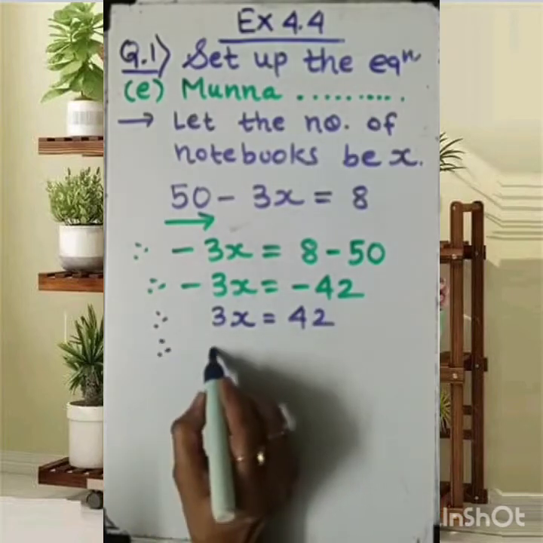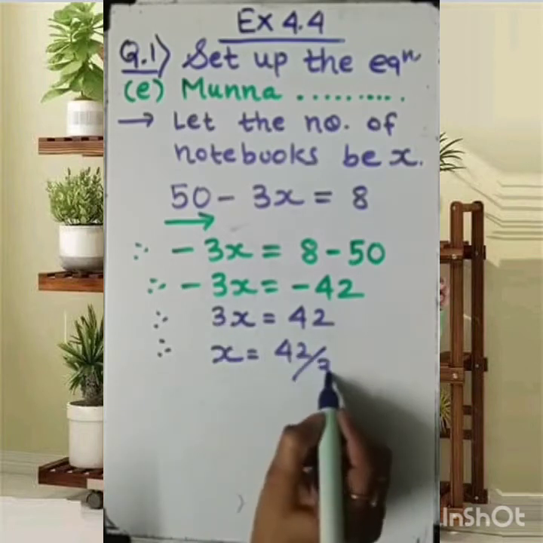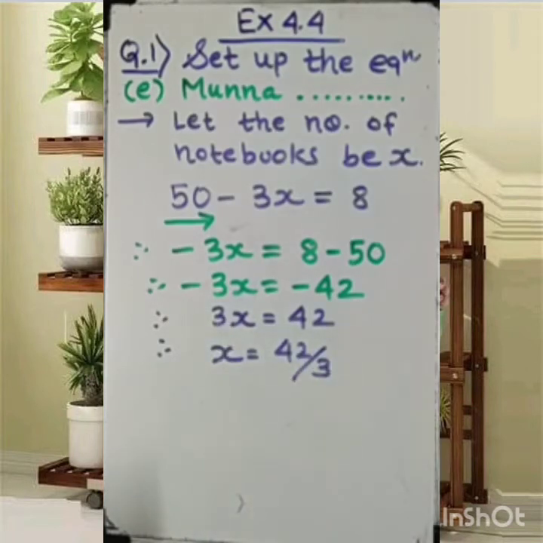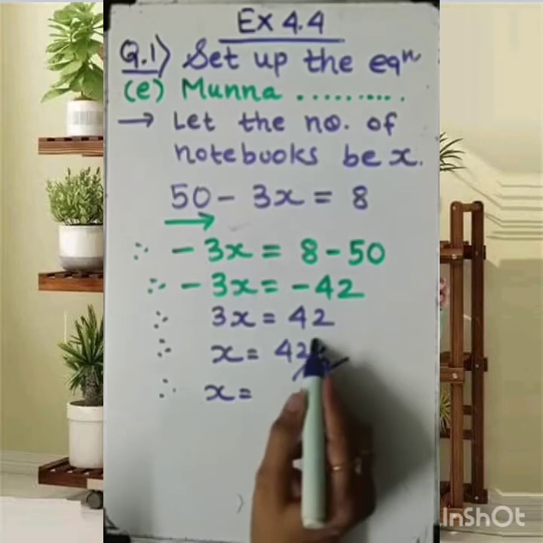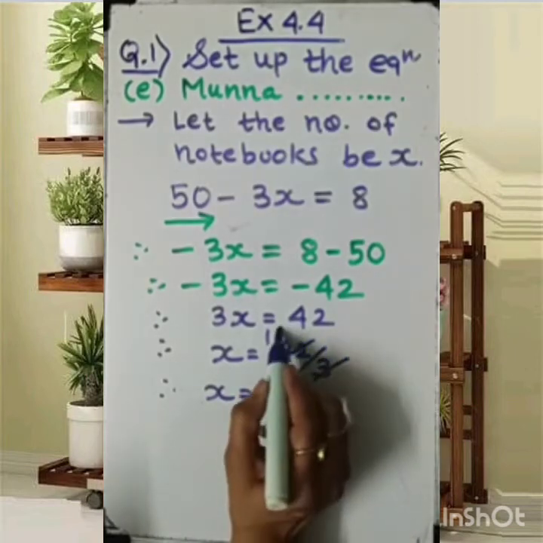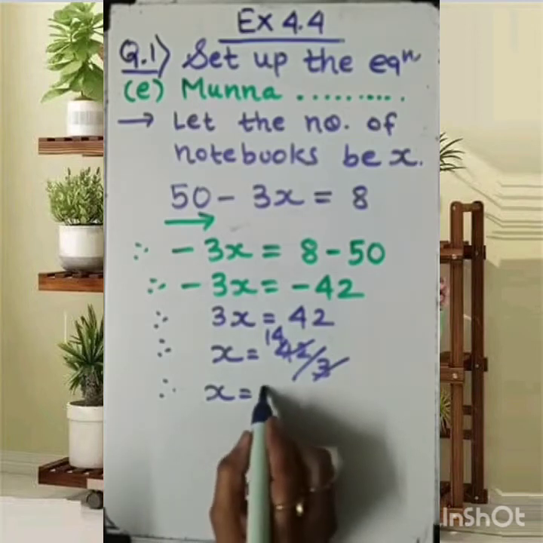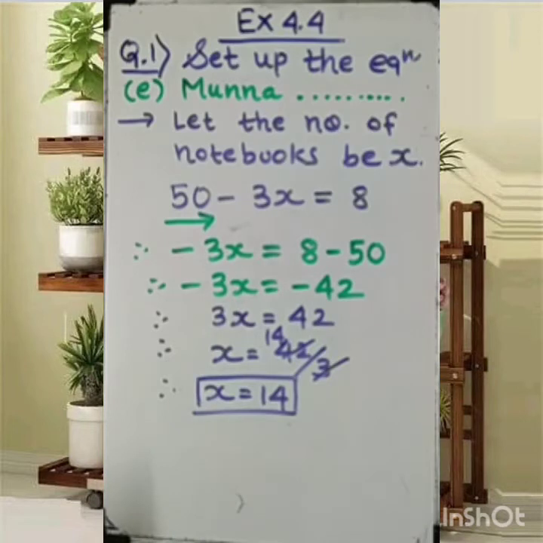Therefore, x equals 42 divided by 3. My dear student, we need to divide 42 by 3 here. So in the next step, we recall the table of 3: 3 1s are 3, 3 4s are 12. So 14 3s are 42, we also know in the table.